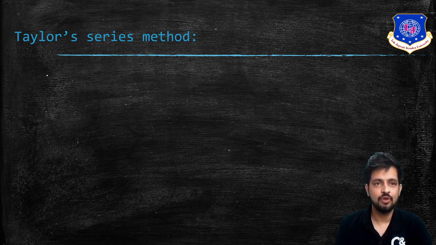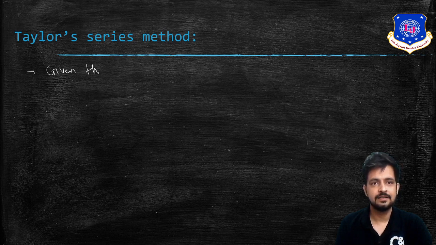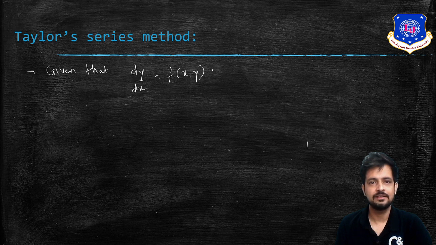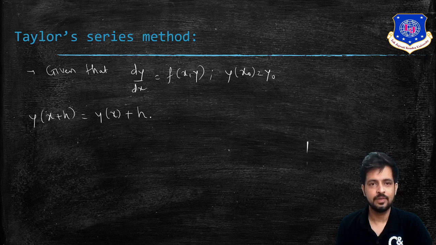As I told you, given that dy by dx is equal to f of x comma y, the IVP will be given, so y of x0 is equal to y0 is given. And if I want to find the value of y of x or y of x plus h, by applying the Taylor series I can write it like this: y of x plus h is equal to y of x plus h into y dash of x.